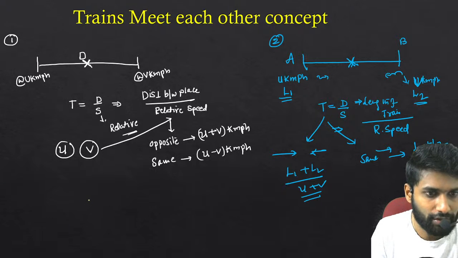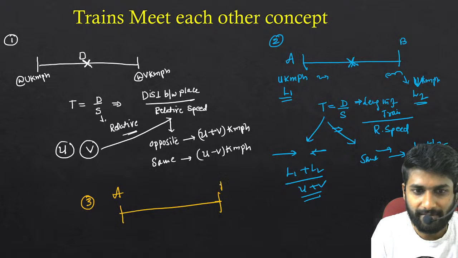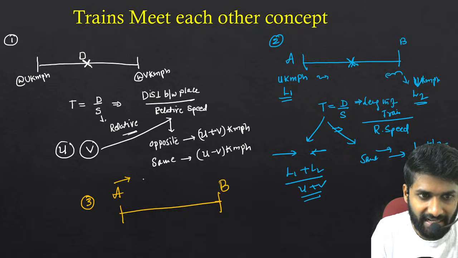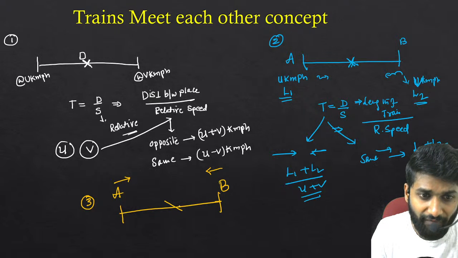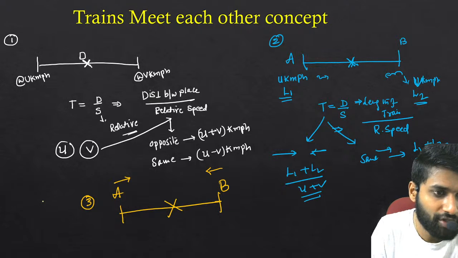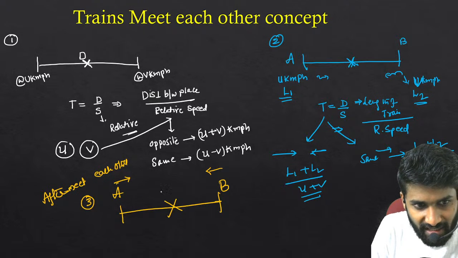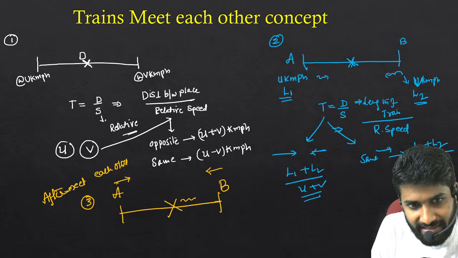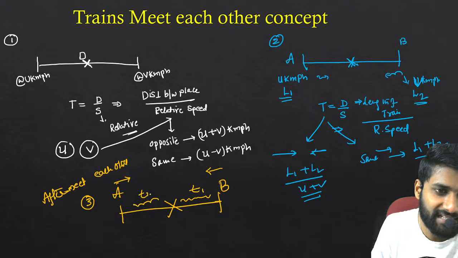Then see, the third concept. There is a distance between the two places. One train travels from A to B, another train travels from B to A. The first two concepts deal with the meeting of the trains, but the third concept says that after they meet each other, the A train can cover the remaining distance in T1 hours and the B train can cover its distance in T2 hours.